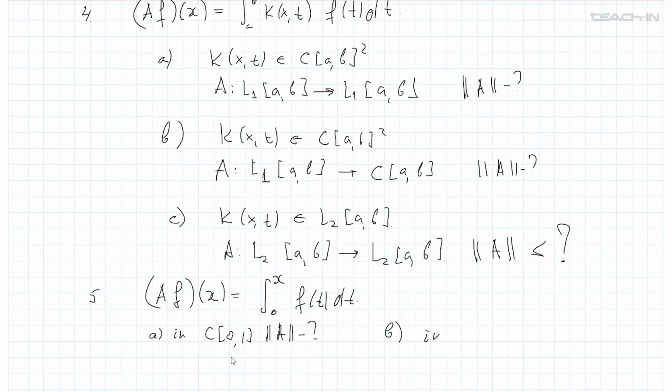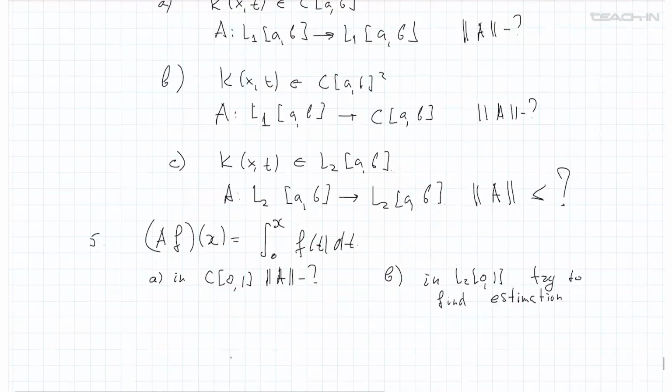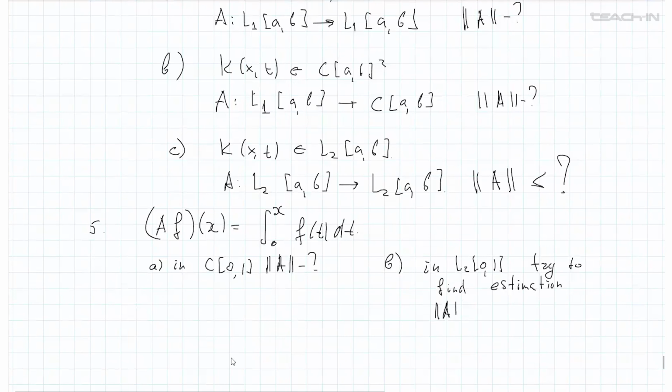And B: in L2[0,1] try to find the most precise estimation. Later we will obtain a theorem with the help of which we can find the precise value for the norm, but just now try to find precise estimations.